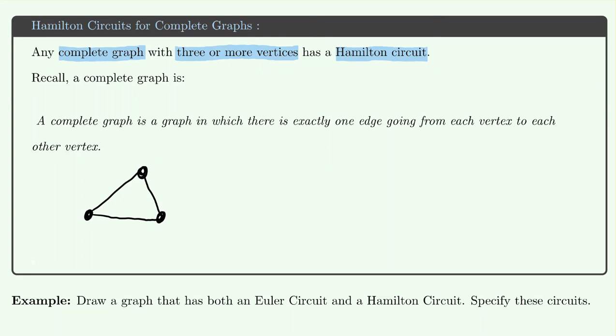It did say 3 or more, so if we draw a complete graph on 4 vertices, this is the complete graph on 4 vertices. So it has a Hamilton circuit, as does the graph on 3 vertices, and as does the complete graph on 5 vertices.